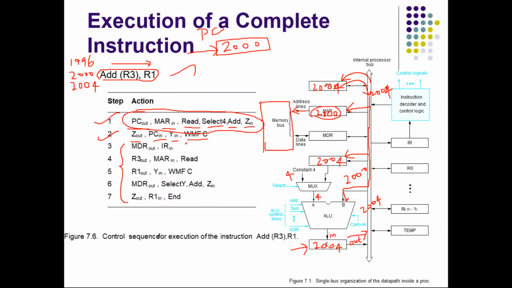So here we give this instruction WMFC, wait for memory function complete. If the memory function is completed, it is fine. Otherwise the CPU will wait. Obviously after some time the memory function will be completed, and we are waiting to fetch this instruction from location 2000.